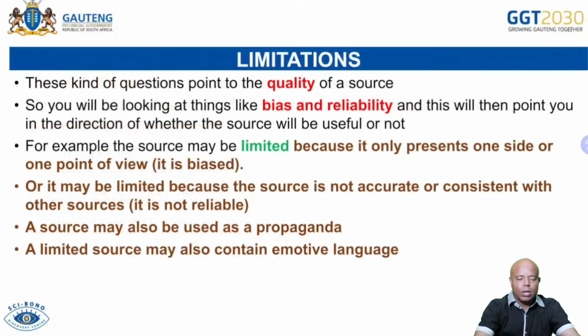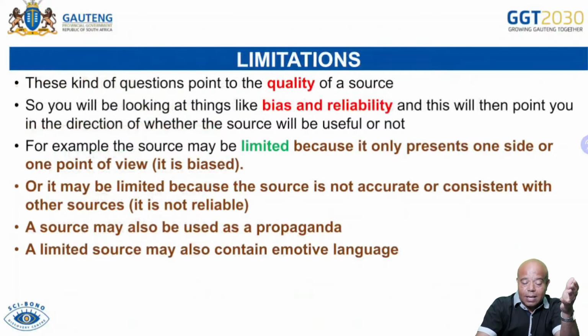Now let's go to limitations. This kind of question points normally to the quality of a source. So you'll be looking at things like biasness. Is the source reliable, basically? For example, the source may be limited because it only presents one side, one person's viewpoint, basically. It may be limited because the source is not accurate.